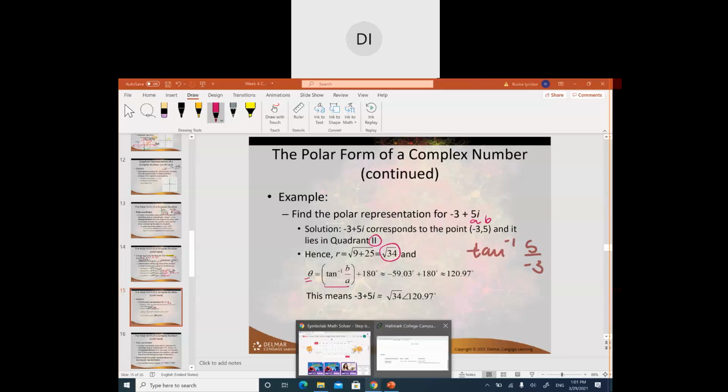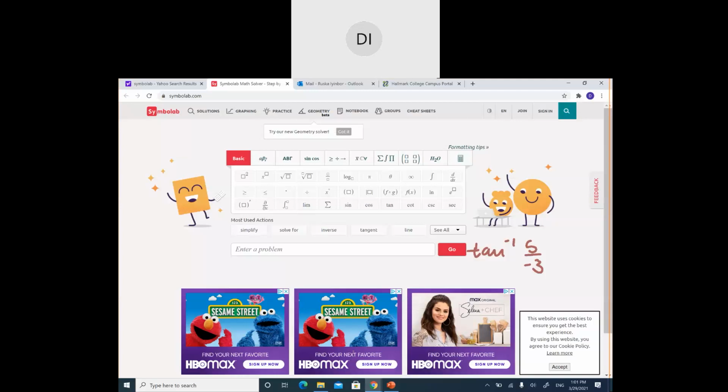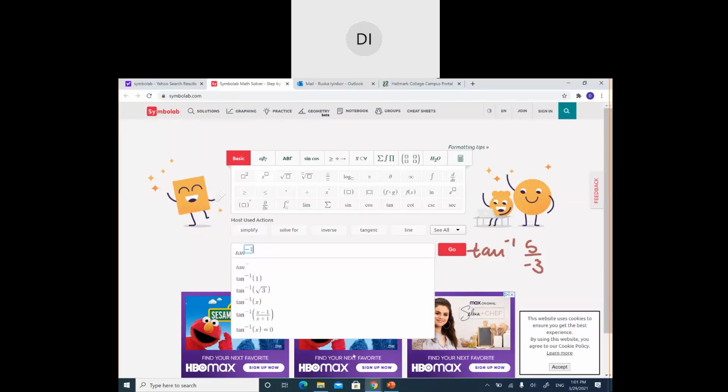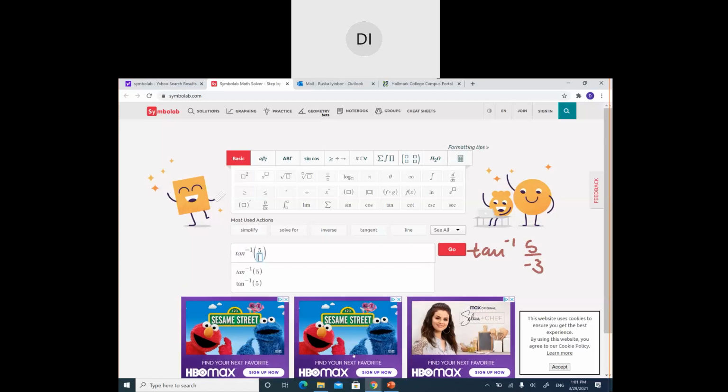Okay? So I'm going to go there and enter that. I'm going to put tan, just type it in. Then you're going to go to the exponent, you're going to put -1. And then down here I can just put parentheses 5 divided by -3.